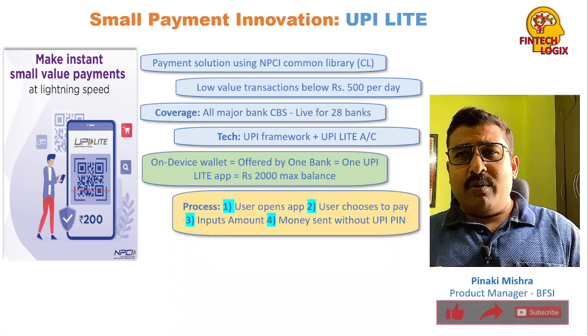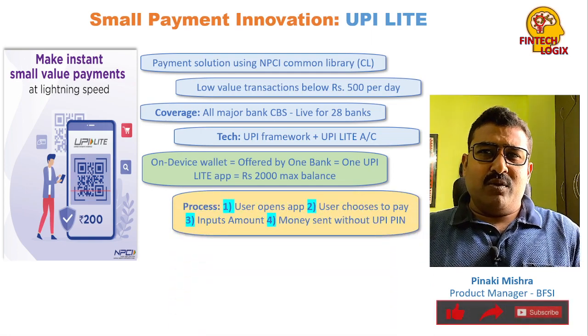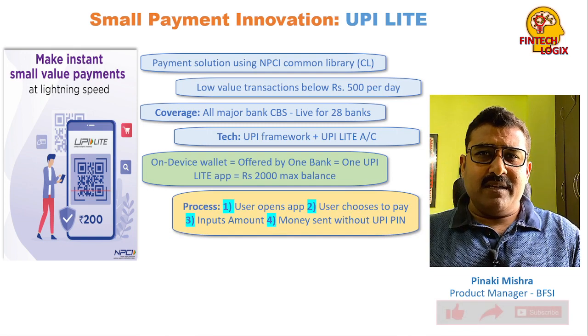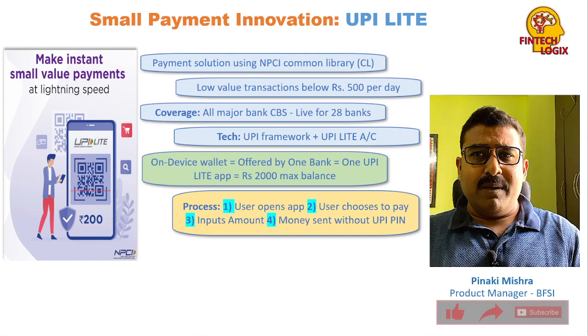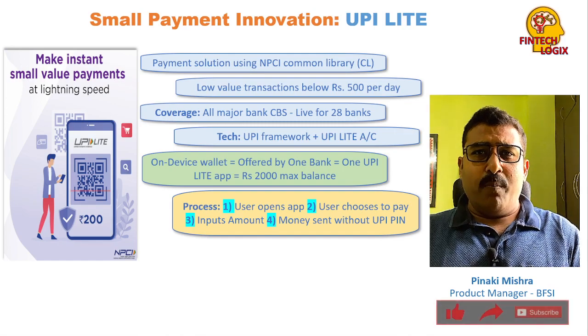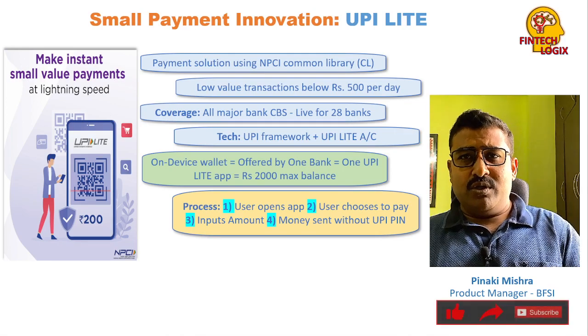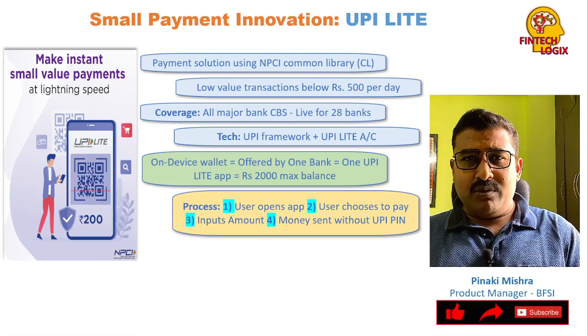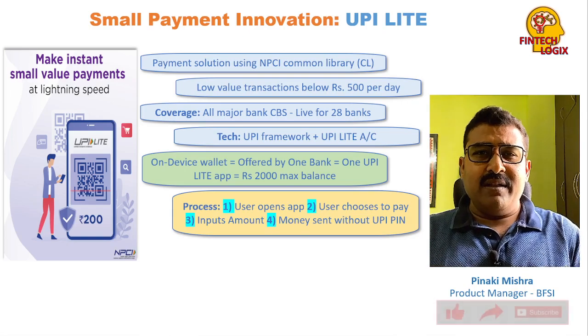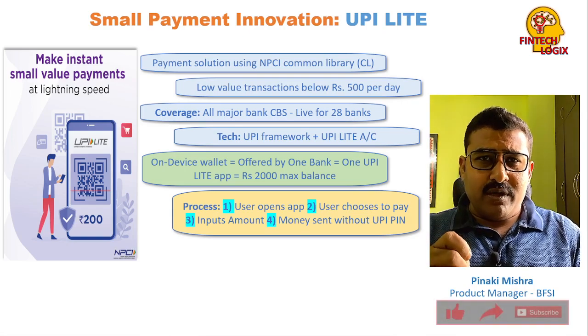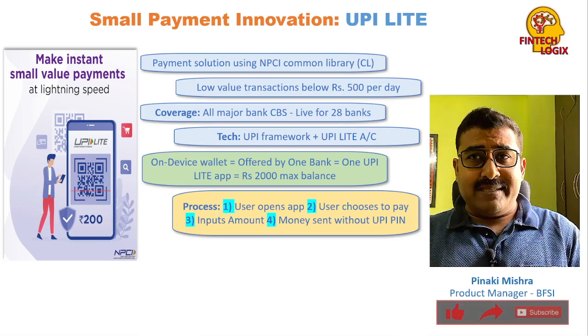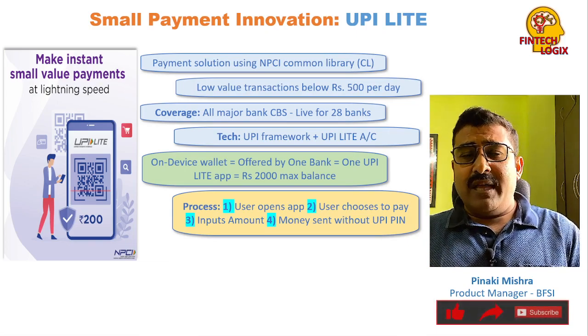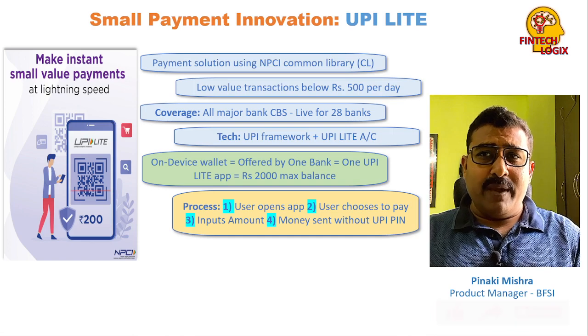Now let's look at the simple process. For doing the UPI payment, the user would open the app, choose to pay the amount to the receiver, input the amount, and money is sent without having to enter the UPI PIN.